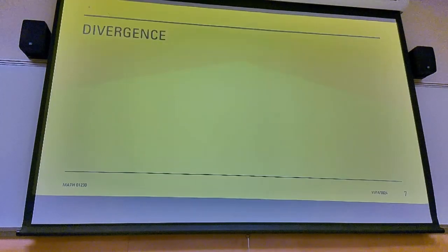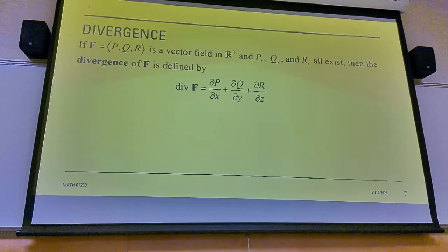First is known as the divergence. So you have a vector field, P, Q, R. P of x, Q of y, I should say P(x), Q(y), R(z).